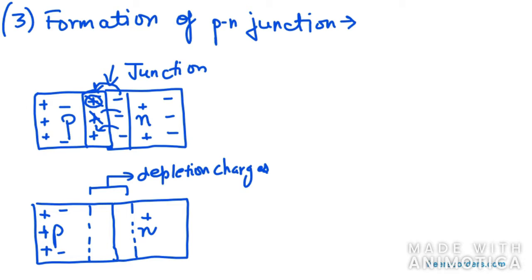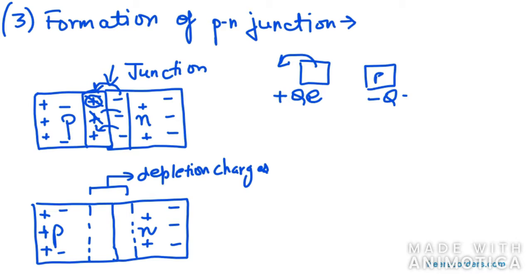So we have some positive charges and negative charges in the n-type. Because the negative has left the n-type, and whenever something loses an electron, it will have a positive charge, plus qe. Now when something absorbs an electron, like the p-type in this case, that means we have negative qe there.